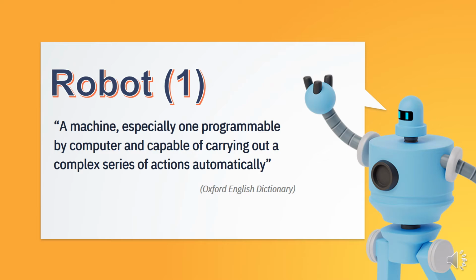Now, let's look at another definition of robot. Robot, according to the Oxford English Dictionary, is a machine, especially one programmable by computer and capable of carrying out a complex series of actions automatically.